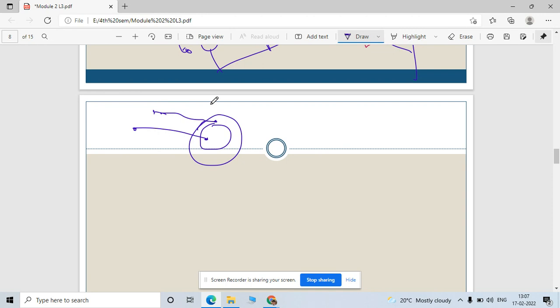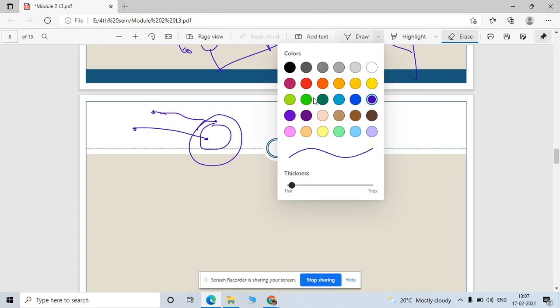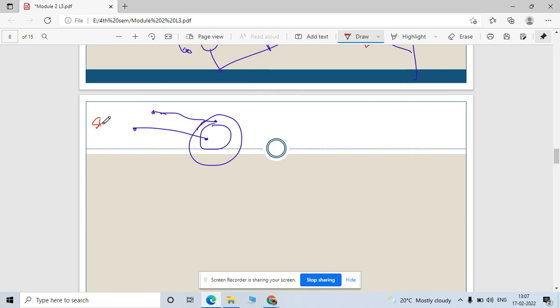If you take the output with the help of these two connections, there is also some capacitance present between these two wires. So that capacitance is called stray capacitance, okay, and that is also represented in your equivalent circuit.